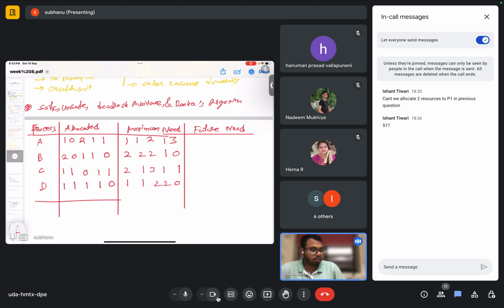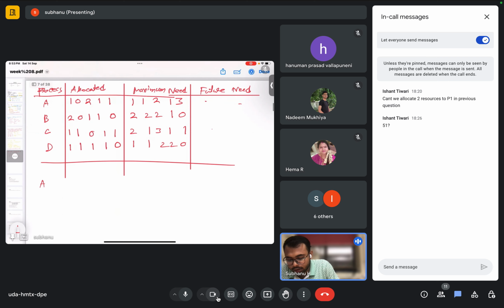Okay, so you have to find the future need first. Within the question, it will be given that available is equal to 0 0 x 1 1. Now you have to find the smallest value of x for which this is a safe state.